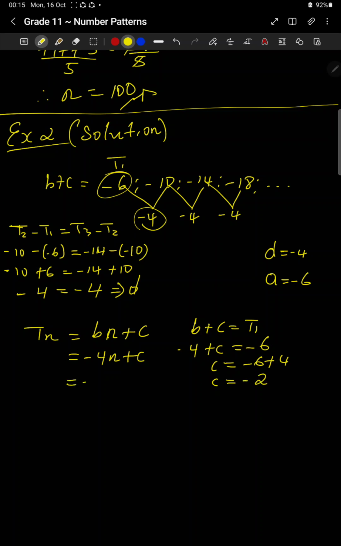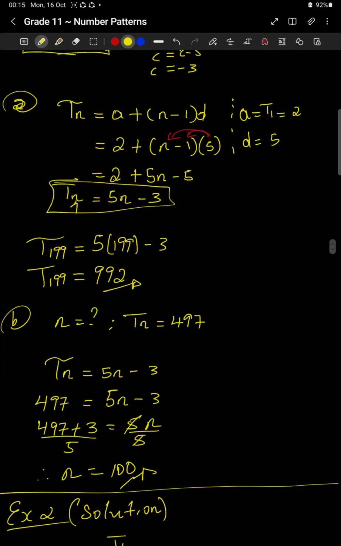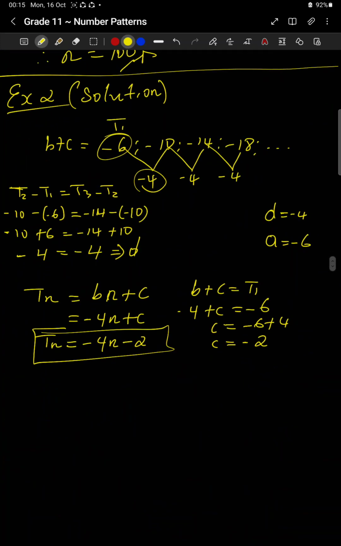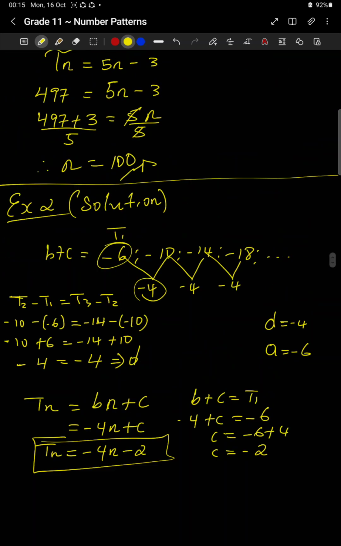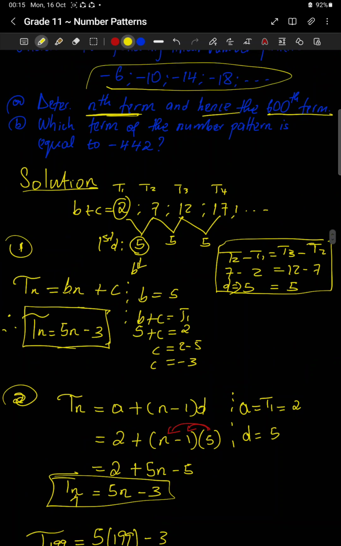Therefore Tn is negative 4n minus 2. This is the formula that we require to calculate. I'm not going to use the second option in this question as well. I'm just going to take one option as I showed you in the first part.